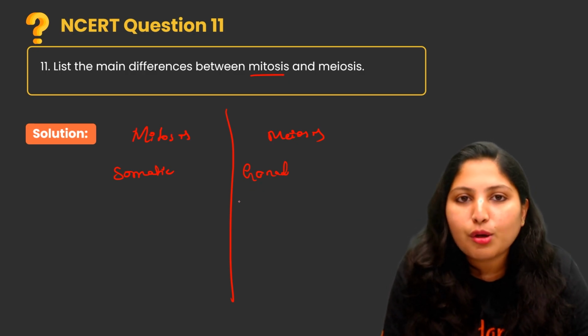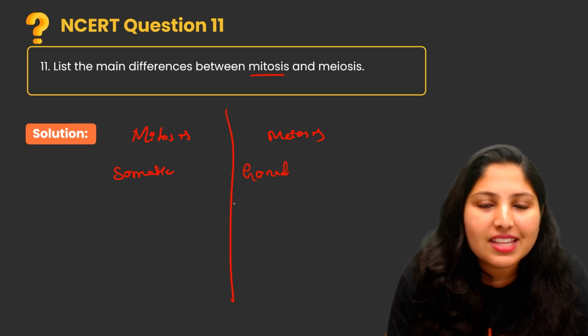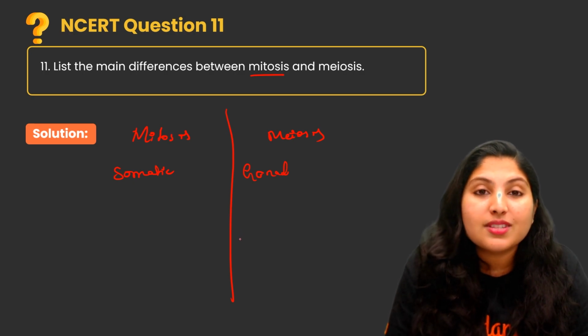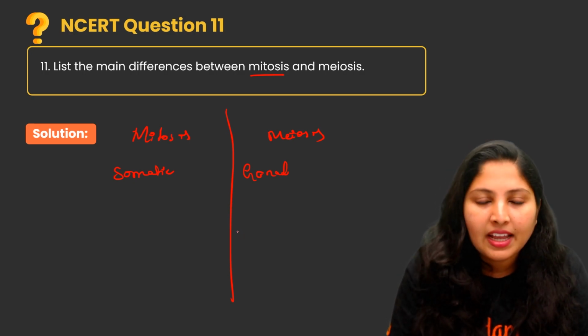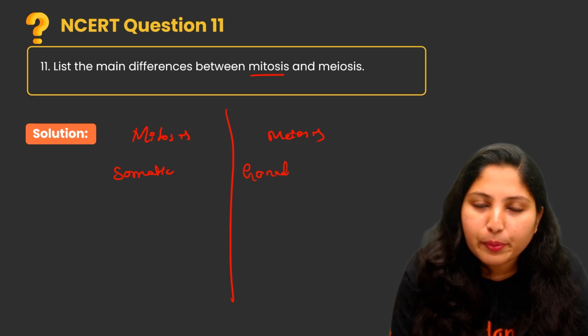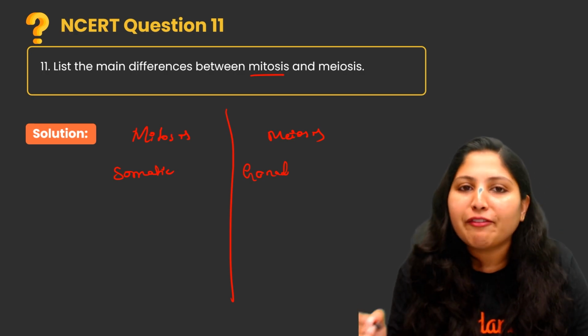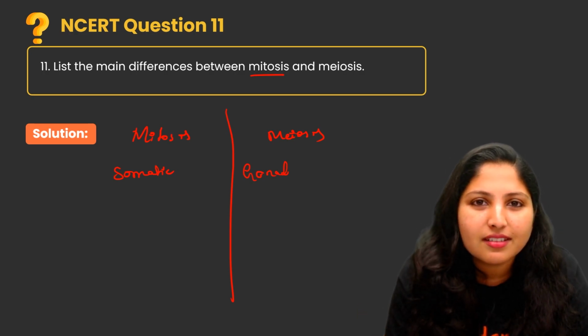In the testicles or ovary, meiosis happens and produces sperm or egg. In case of male, it produces sperm. In case of female, it produces egg.